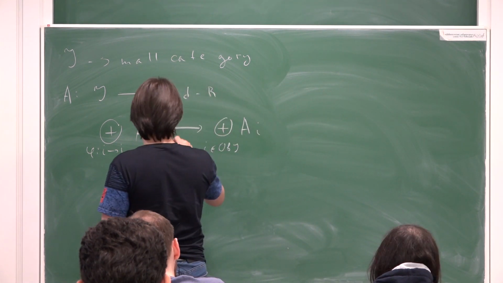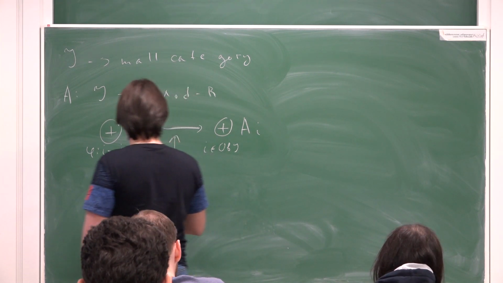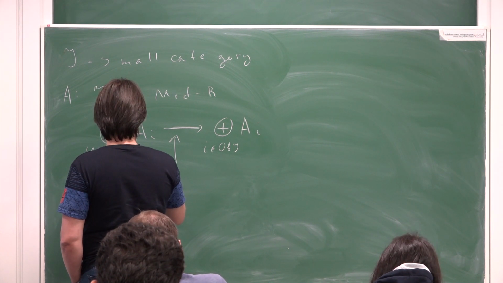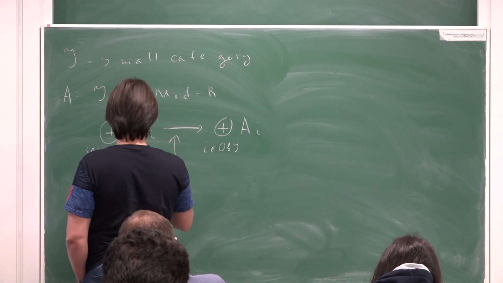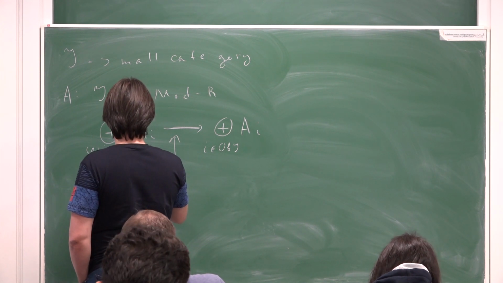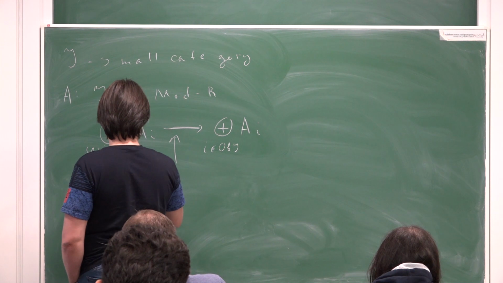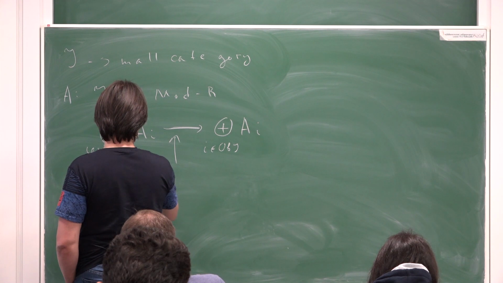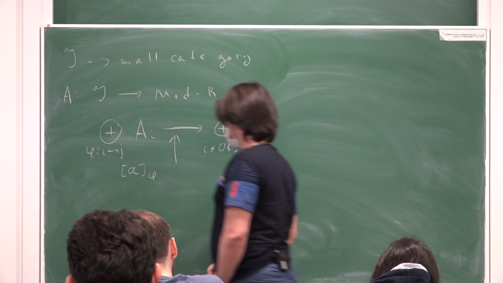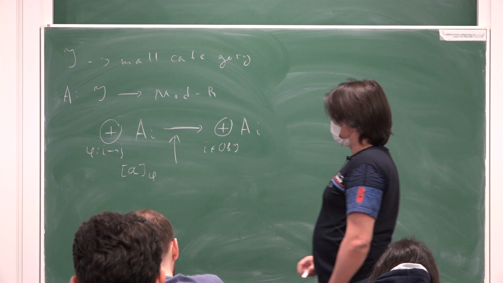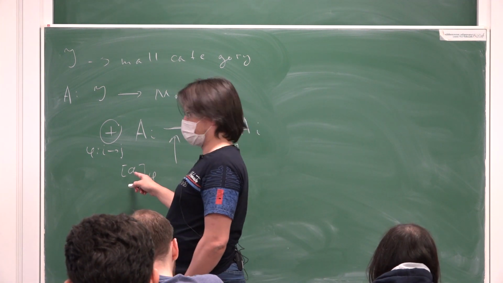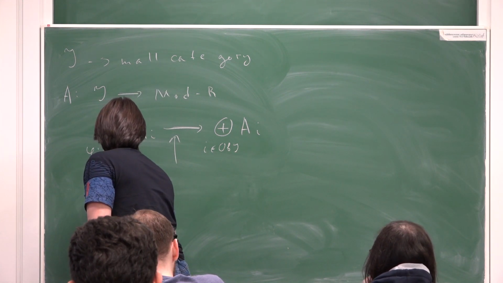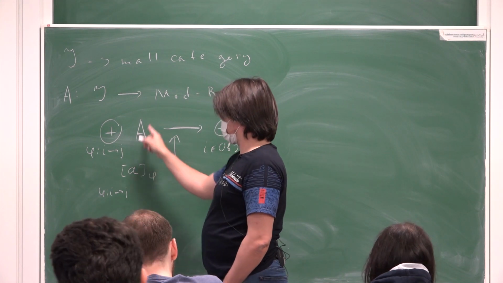And here the map is the following. If you have some a in component phi, how to denote it, like a_phi, so it is some a in component phi, phi is from i to j, and all other components are 0.